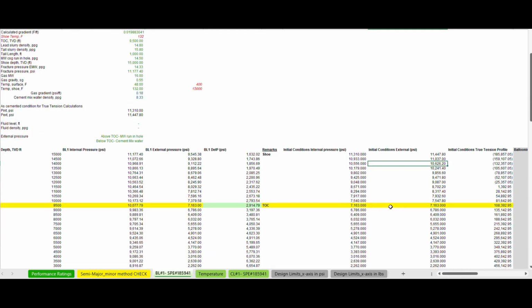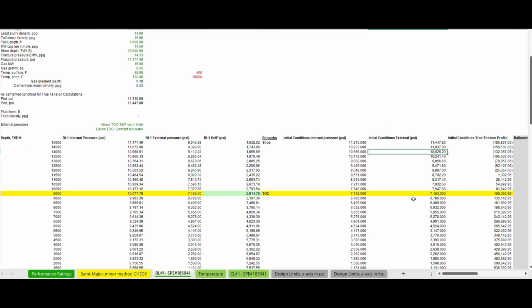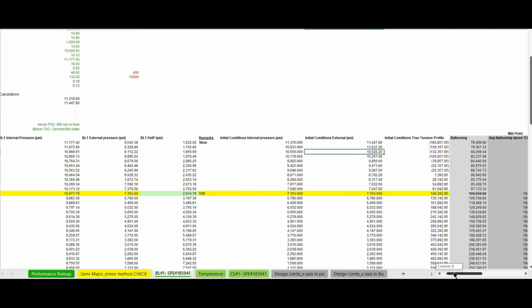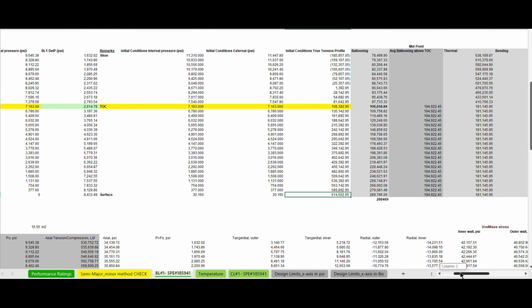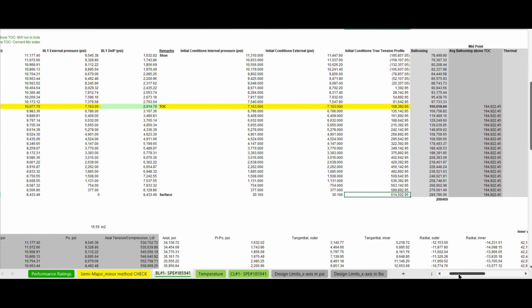So you calculate the external pressure profile based on the slurry densities, spacer, and the mud weight in the annulus. So the equation that we used to calculate the true tension at the shoe and true tension at the surface, you see the profile from bottom to top. So now what we need to calculate is the ballooning.